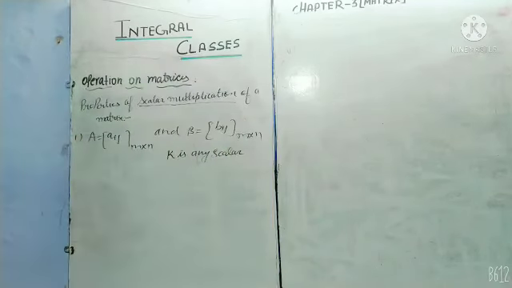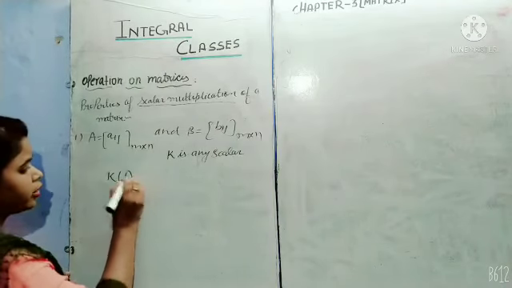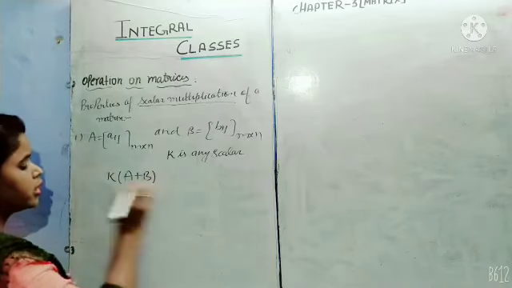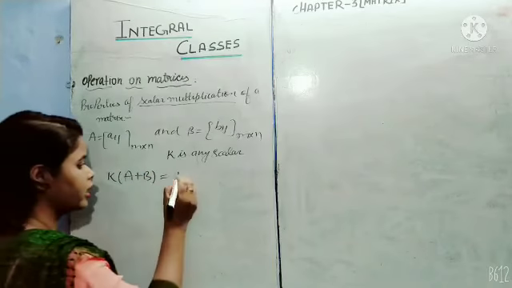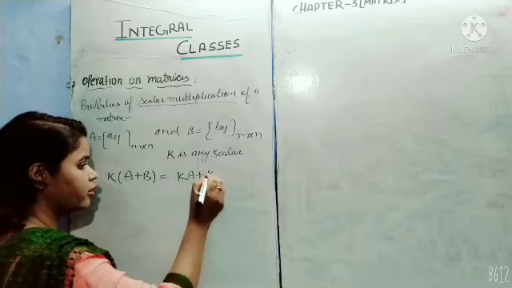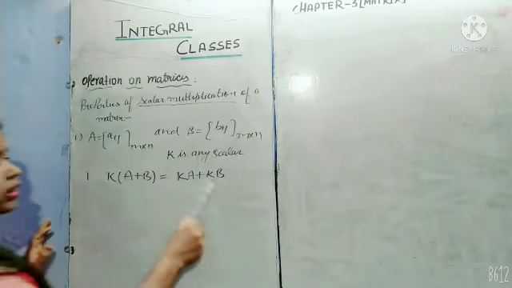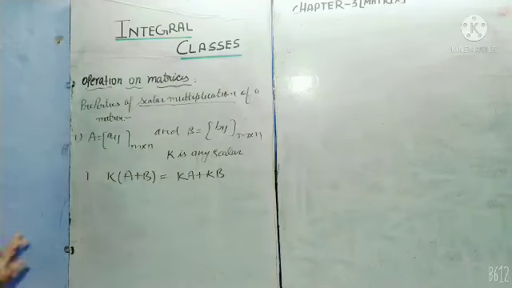So student, if we multiply K by A plus B, then we get the same result as when the scalar is multiplied first and then we add both matrices. How can we solve this property?